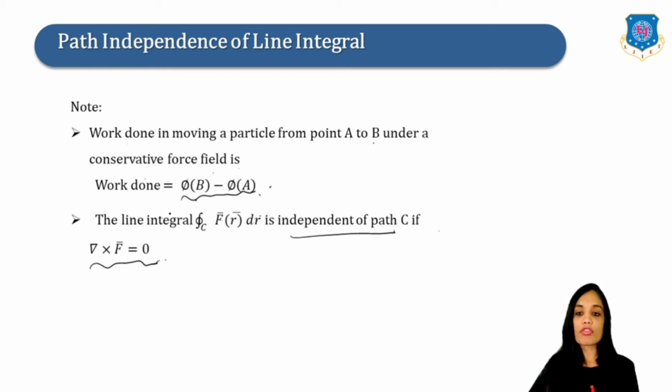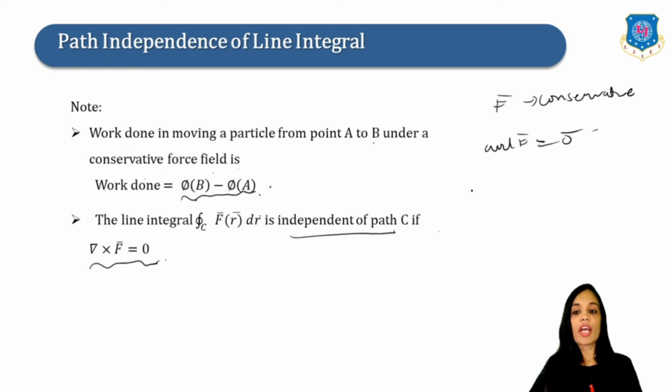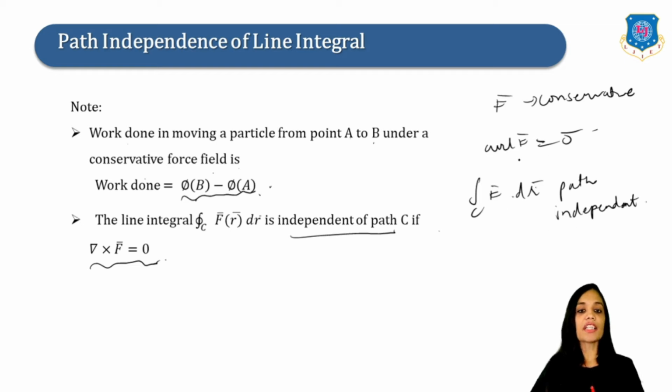So in short, we have studied two things: whenever f bar is conservative, curl of f bar will be 0, and our line integral over C of f bar dot dr bar will be path independent, right? So whenever I want to check whether our line integral is path independent, I only have to check that curl is 0. And if curl is 0, then our vector field is conservative.